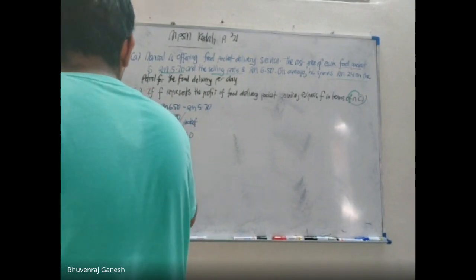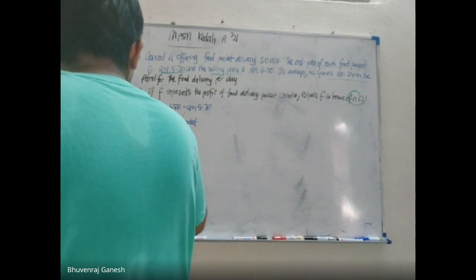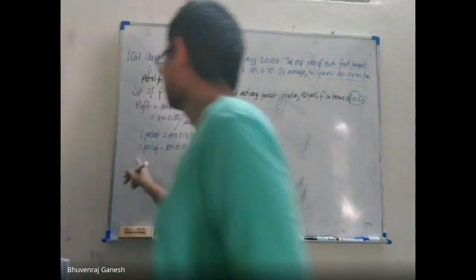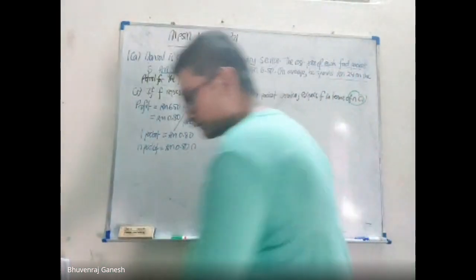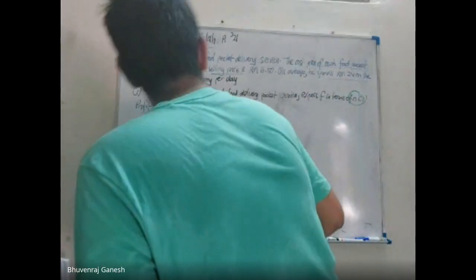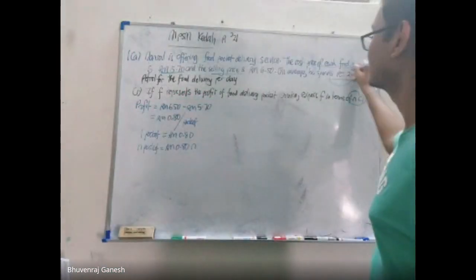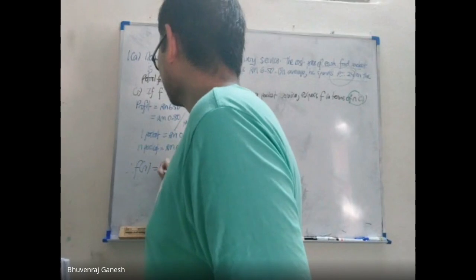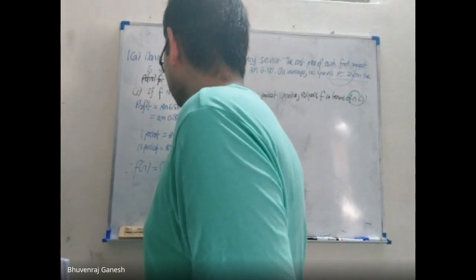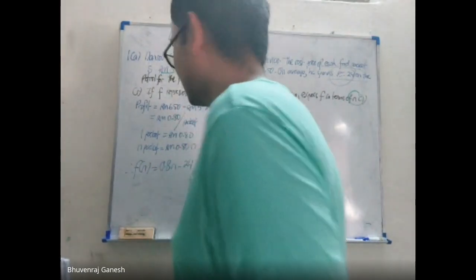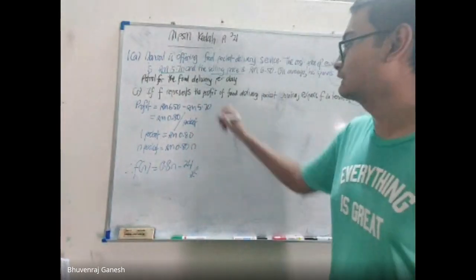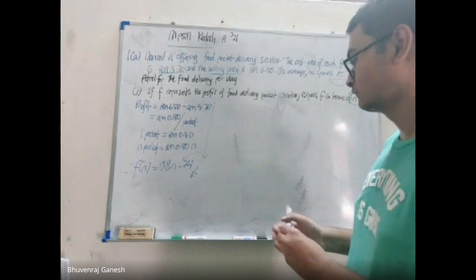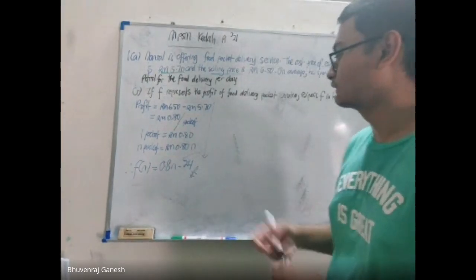So N number of packets will get you RM 080 times N. So this is the ratio concept we use here. And then they already told you that he spends 24 on the delivery. So therefore your function will be Fn equals 0.8n minus 24. Done. Just 1 mark only. So all these actually unnecessary, but it gives you the idea to this function, of course. So that's the 1 mark over here.